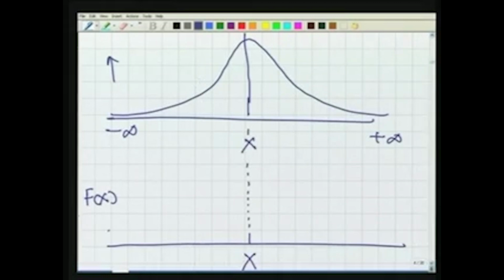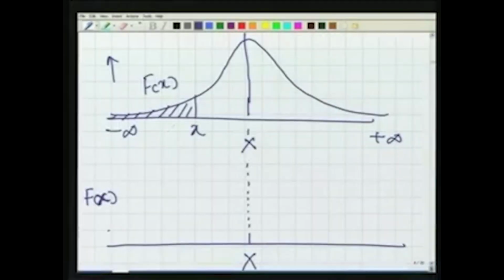What we had done in our last slide, we had computed the value of F(x) at small x, and that was this area, which we call the cumulative probability density function, or cumulative probability as such.